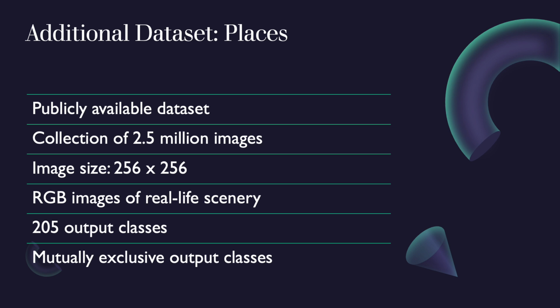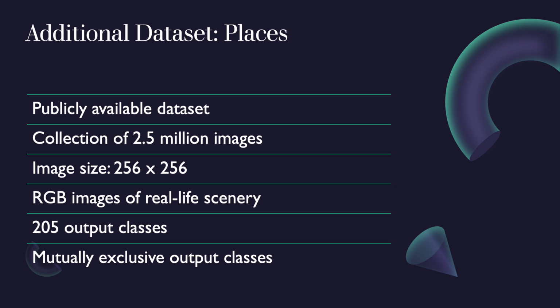However, we will be restricting our implementation to MNIST and Cypher-10 for this project only. The exploration of the Places dataset was done as an extra exploration step as a part of this project.